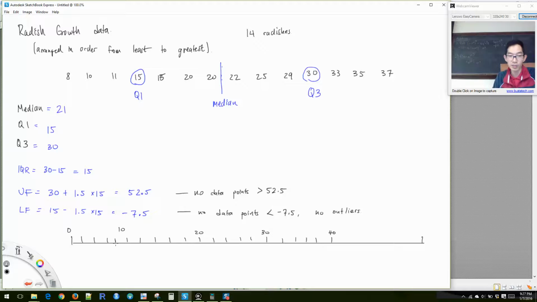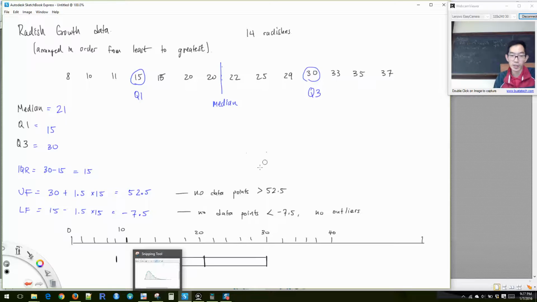Okay, so let's see, Q1 is at 15, so I draw a line right there. My median is at 21, and my Q3 is at 30. So this is my box right here.